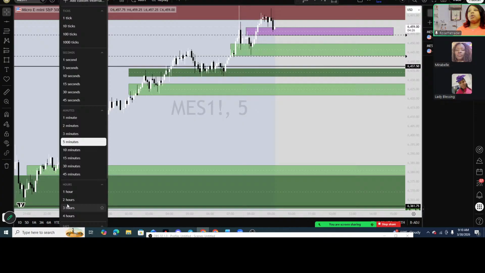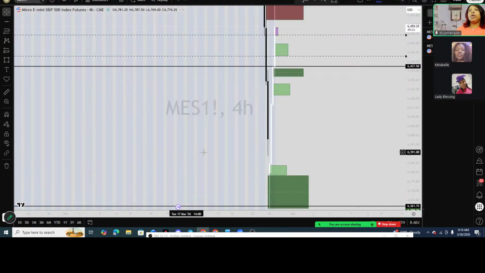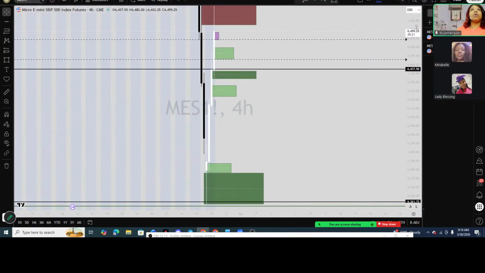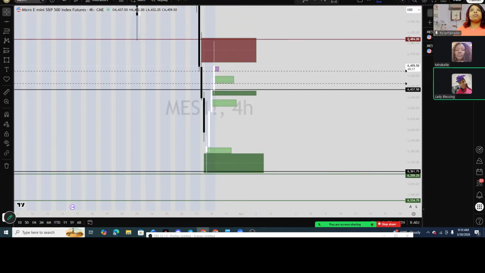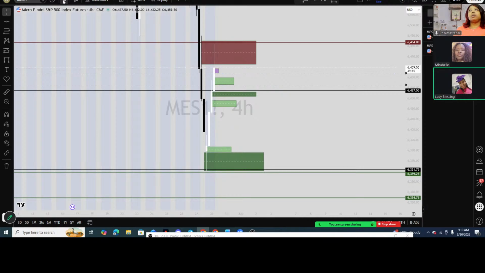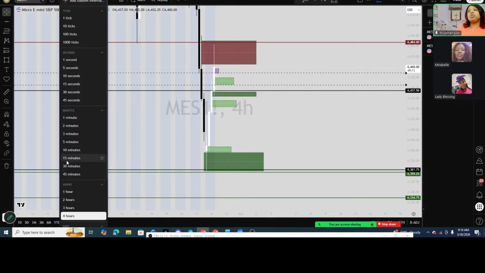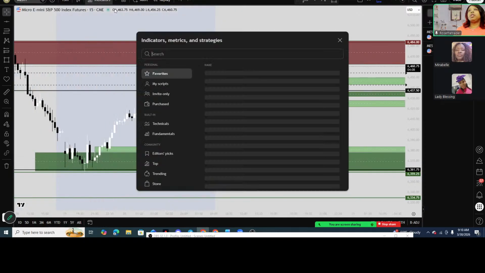Let's go to, we didn't look at our buyers. Let me see where the trend is right now. You can do that by using the 13 EMA.